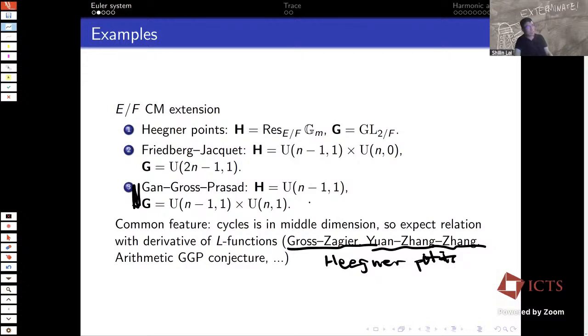Okay, so the upshot is in these specific cases where the cycles happen to land in the middle dimension, they should have arithmetic significance.